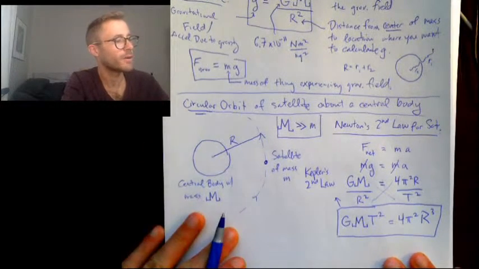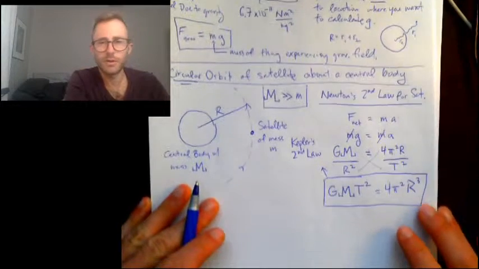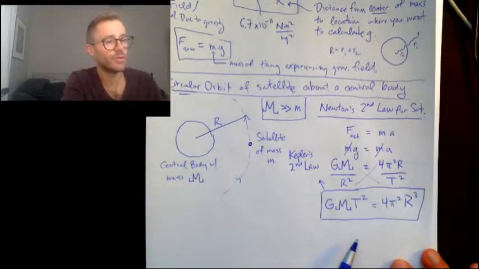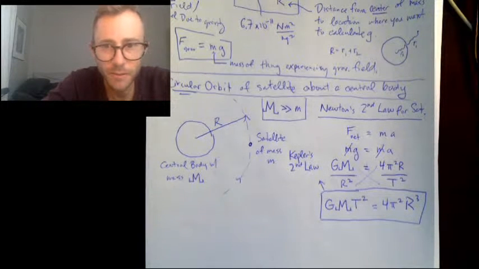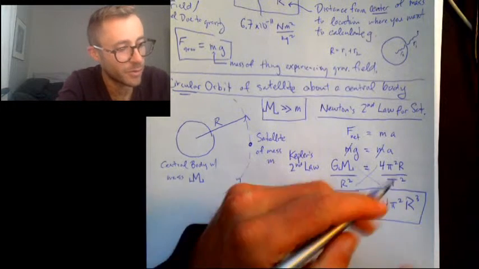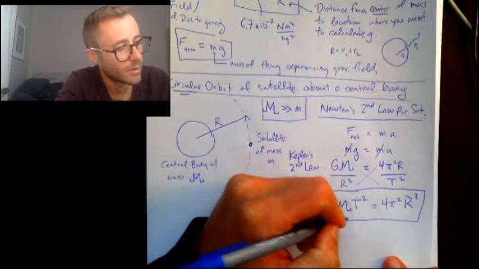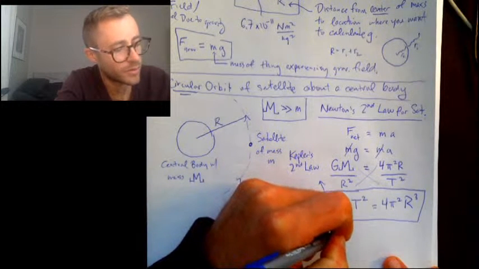All right. So this is actually a really, really, really nifty formula. Okay. It has 3 variables in it. The 3 variables are mass of the central body.